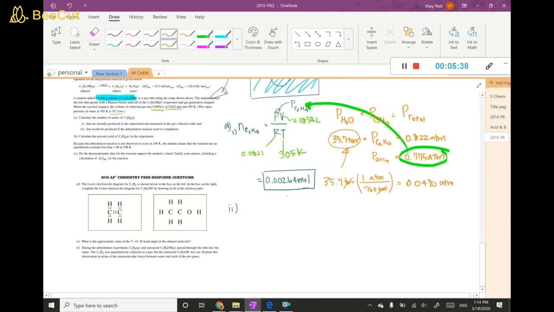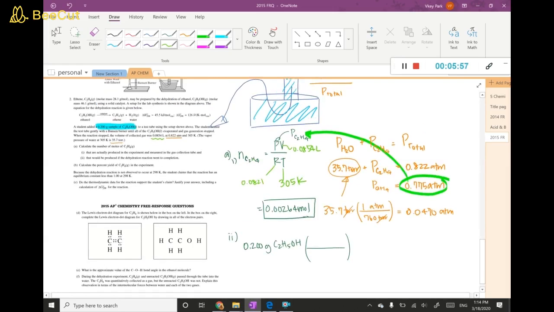So I can just do 0.200 grams of ethanol. Okay, I know its molar mass. First thing first, always, if you get stuck, first thing first in chemistry and stoichiometry, switch it to moles. Okay, so let's switch this to moles, and that is how many moles?